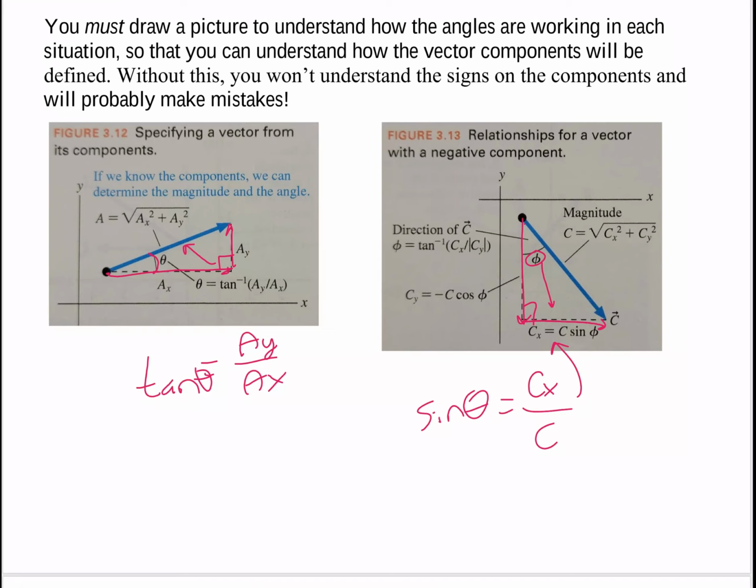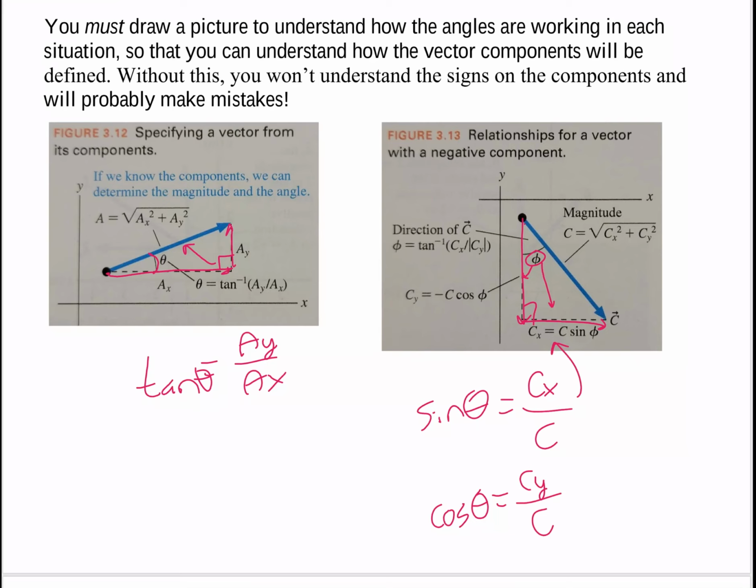Draw the picture. Then for the c sub y component, this is the adjacent side that we're talking about here. So we have the adjacent side that we're looking for, and we know the hypotenuse. That was the vector that we were talking about in the first place. So that's cosine. Cosine theta equals c sub y, the adjacent side, over the original vector c.